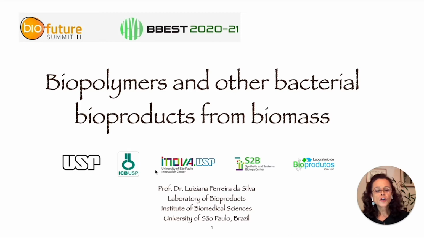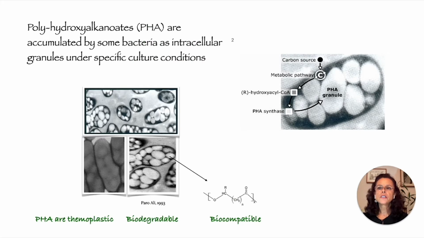There are a number of biopolymers, but we have been studying the polyhydroxyalkanoates, which are accumulated by some bacteria as granules inside the cell under specific culture conditions. These materials are a family of thermoplastic, biodegradable and also biocompatible biopolymers.